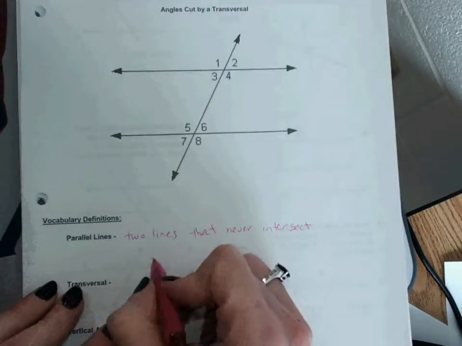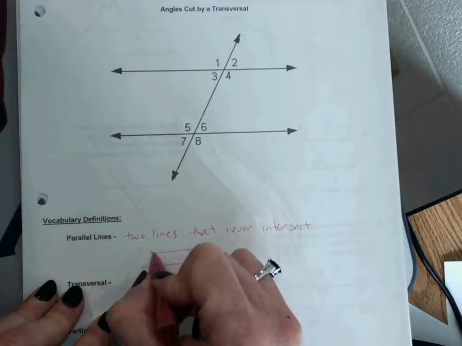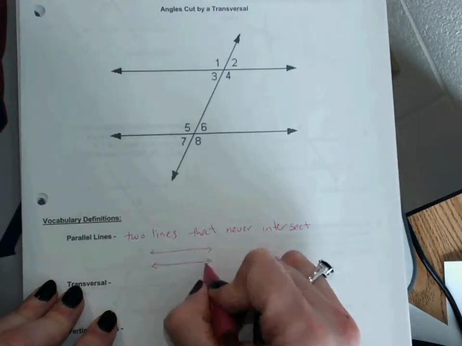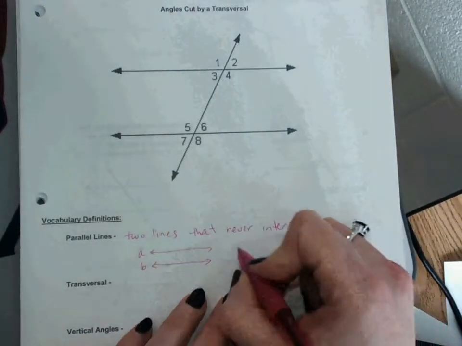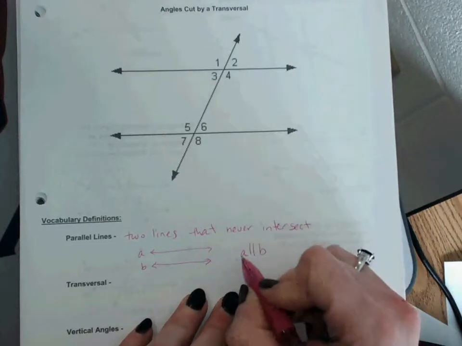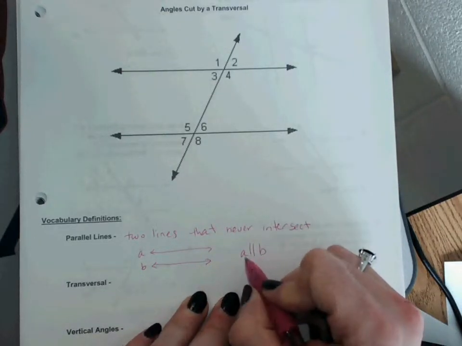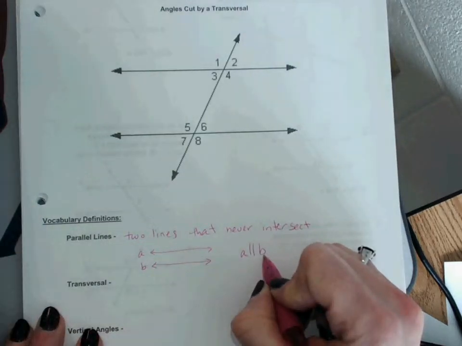I always think of railroad tracks. It's the lines that are going to be next to each other, but they never meet. And the symbol for parallel lines is here, two little parallel signs next to each other. So line A is parallel to line B in this picture.